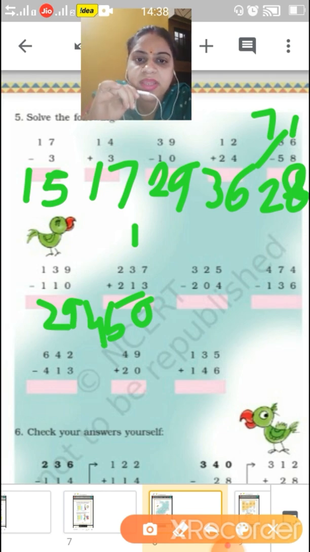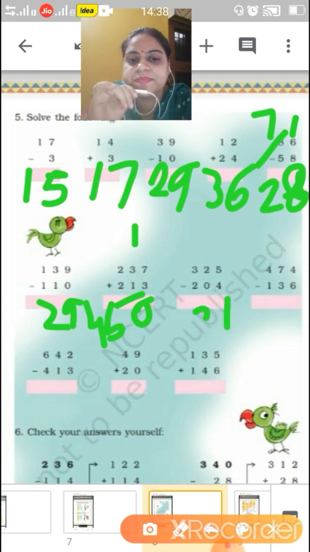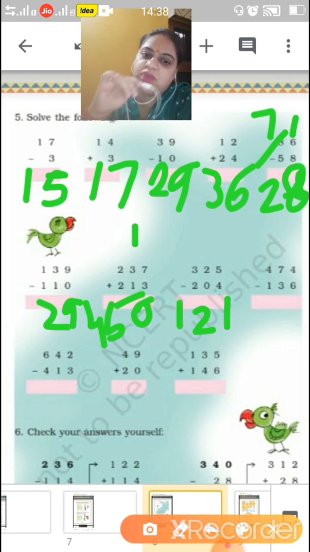Now 325 minus 204, that is 121. That is 121. Now 474 minus 136. 14, we are taking carry.